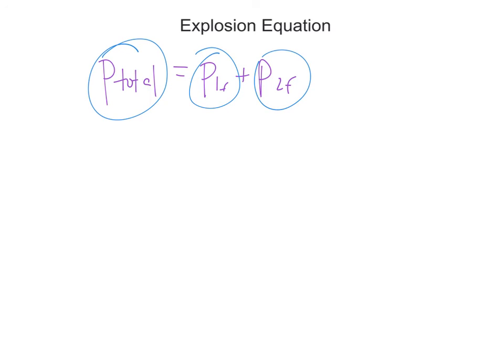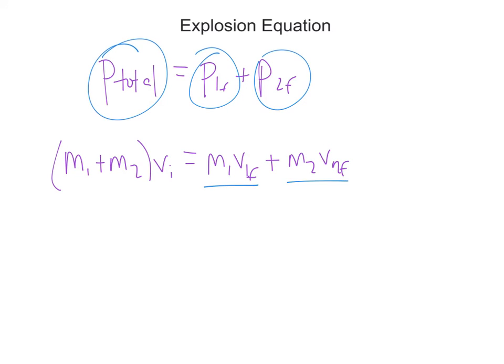For the total momentum, we need the mass of both objects combined times the initial velocity, and that's going to equal the mass times the final velocity of object 1, plus the mass of object 2 times the final velocity of object 2. Each piece, again, is a separate momentum.